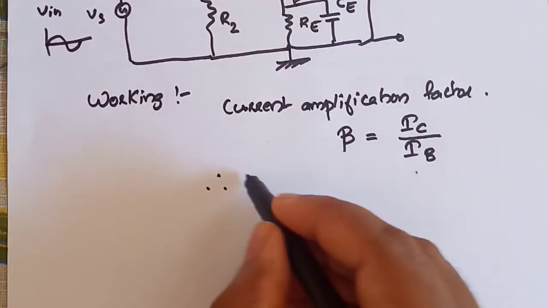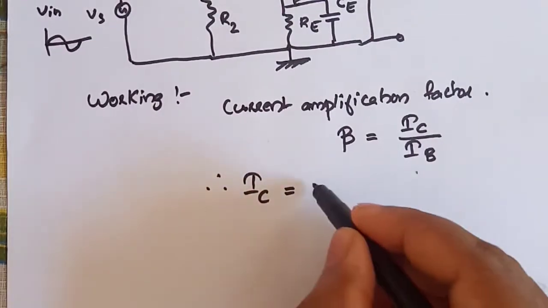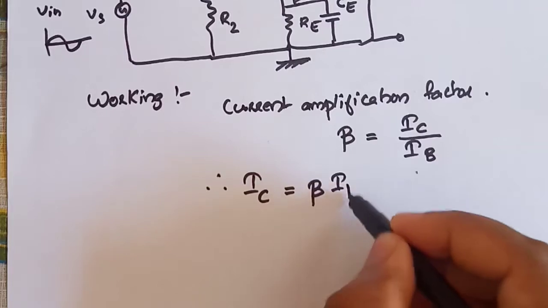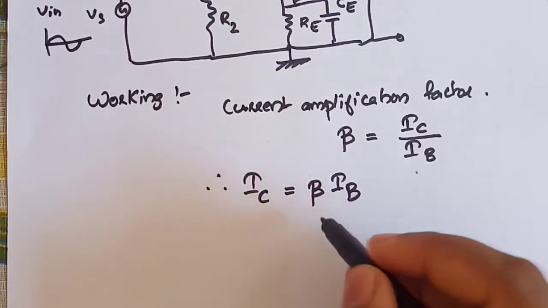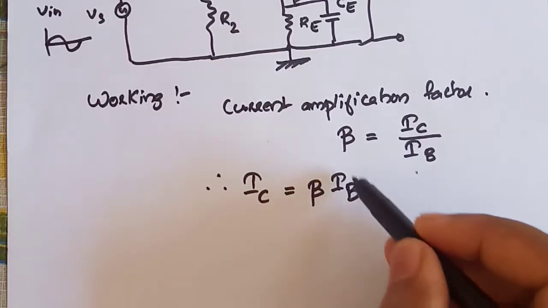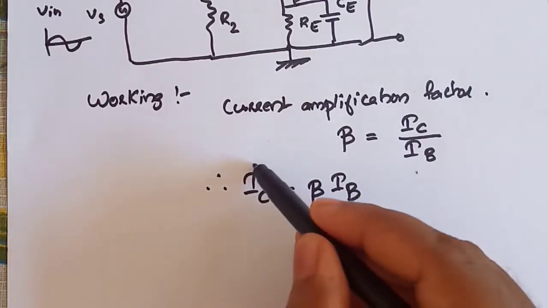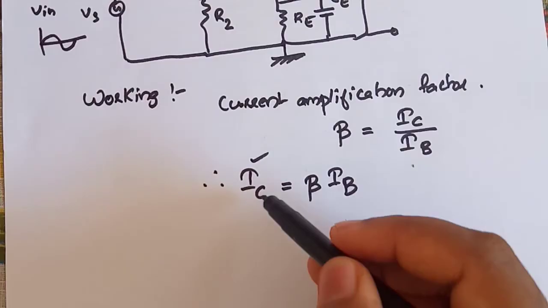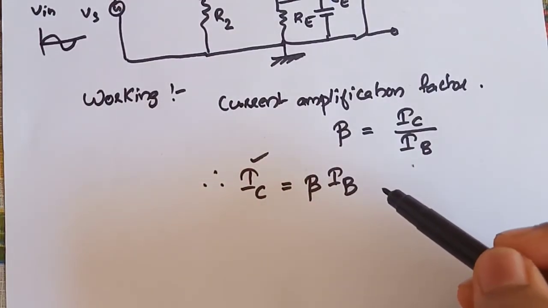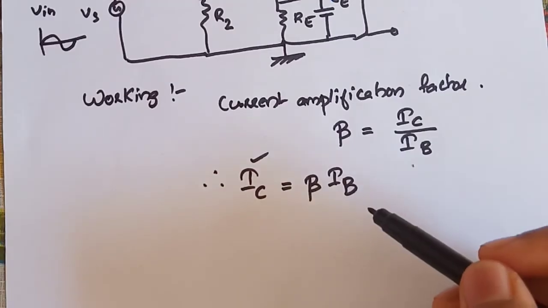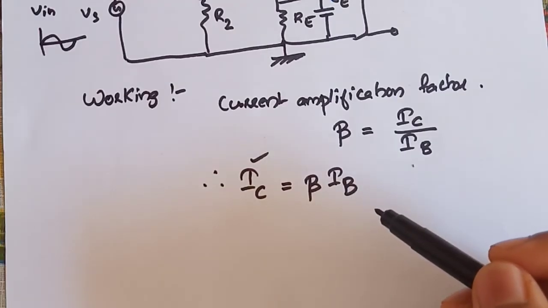Therefore IC, the output current, equals beta times IB. Beta value ranges up to 100. So for a small change in input, we get a magnified output, that is the IC. This is the working of the RC coupled common emitter amplifier.